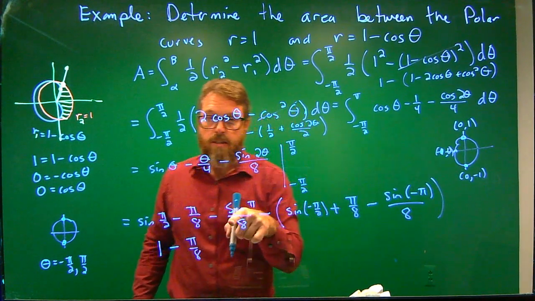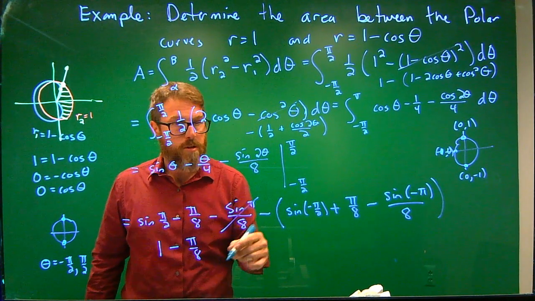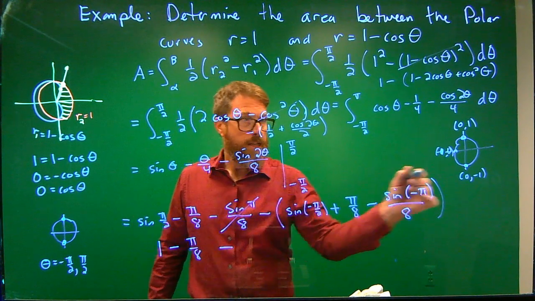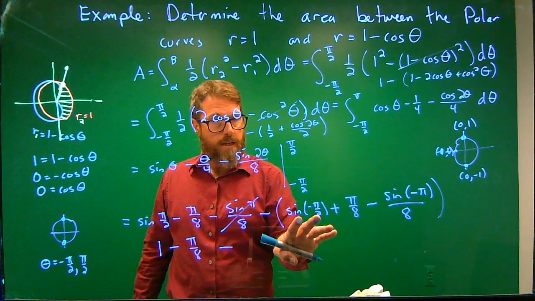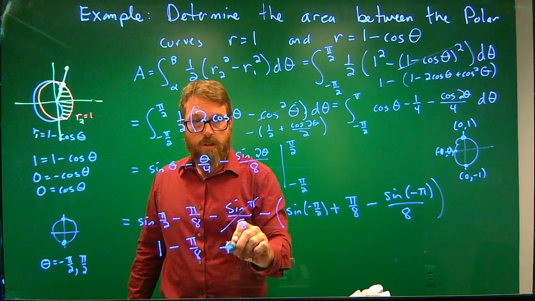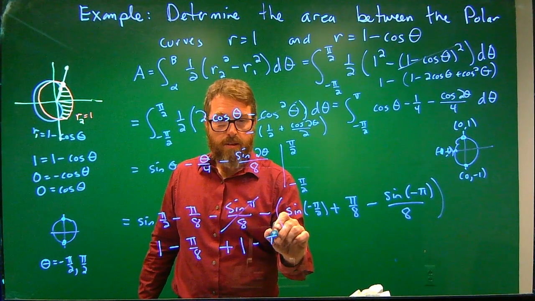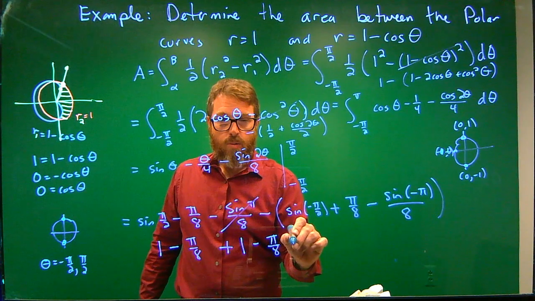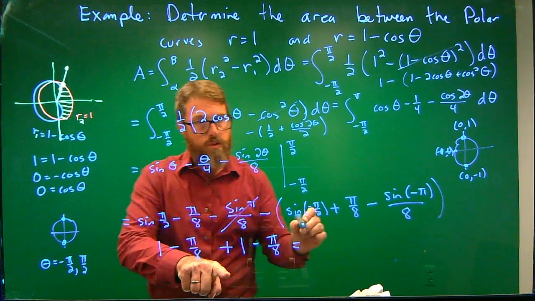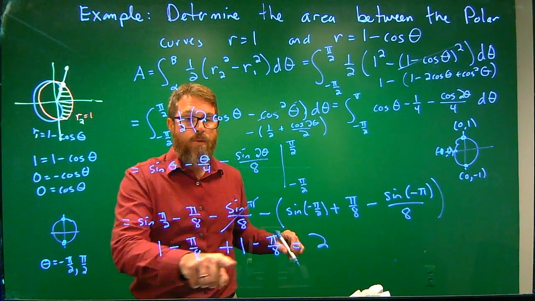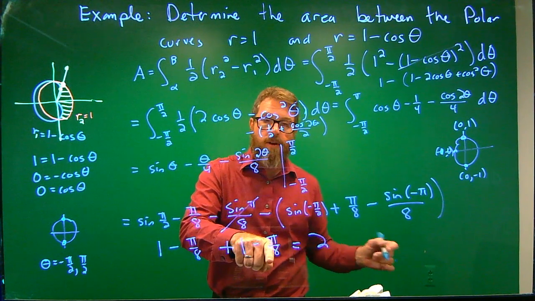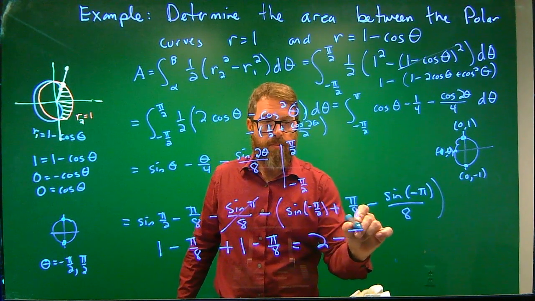So the sine of pi is just going to be 0, minus the sine of negative pi over 2, which is negative 1, so this is negative 1 times negative 1, which is going to be plus 1, and this is going to be minus another pi over 8. So finally, when we're done, 1 plus 1 is 2, and then pi over 8 minus pi over 8 is going to be 2 pi over 8, or minus pi over 4.